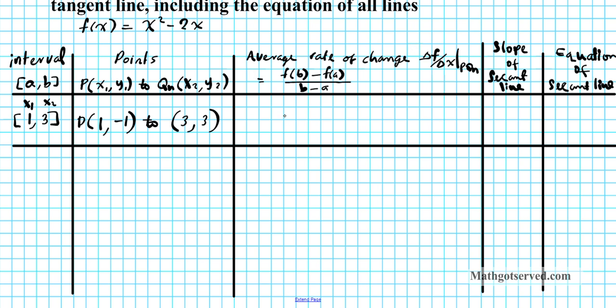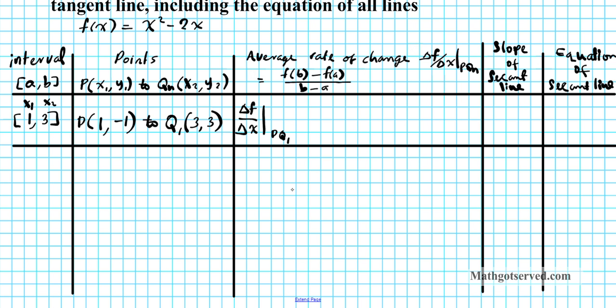All right, now let's find the average rate of change for the first interval. So delta f over delta x at P Q sub 1. Oh, this is supposed to be Q sub 1. I forgot to put it. So that's Q sub 1 right there.